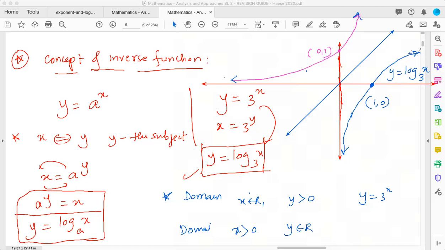You can clearly see that happening here. That's why we say that y equals 3 to the power x and y equals log x to the base 3 are interrelated. Let's take some more examples on how to tackle log and inverse functions.